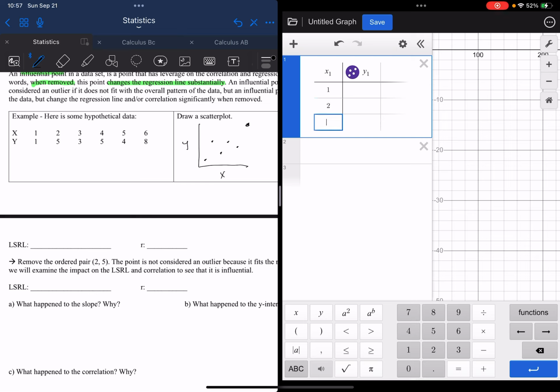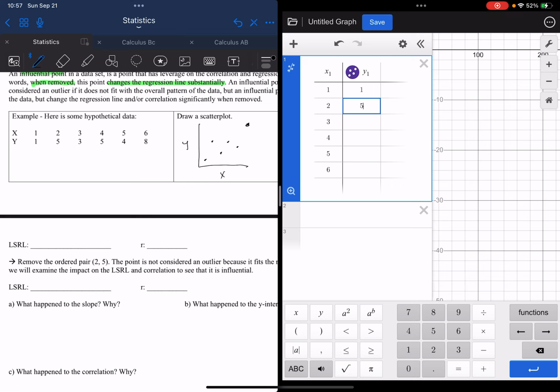So 2, 3, 4, 5, 6. And then my y's, 1, 5, 3, 5, 4, 8.